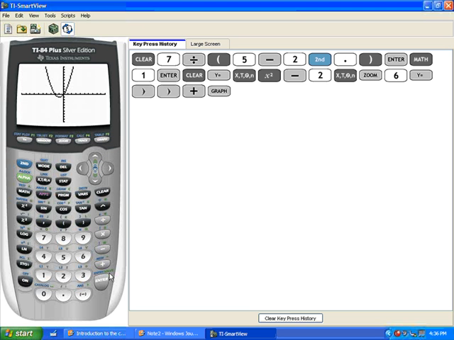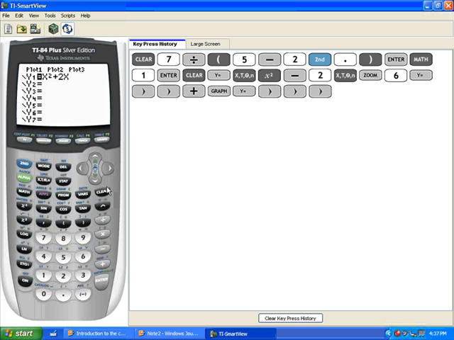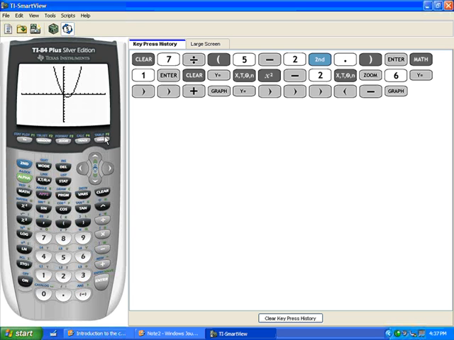Let's try one more. Let's see. X squared minus 2x. I'm surprised that didn't work. Let me look at that one again. Again, I'm looking for something that doesn't hit the x-axis.